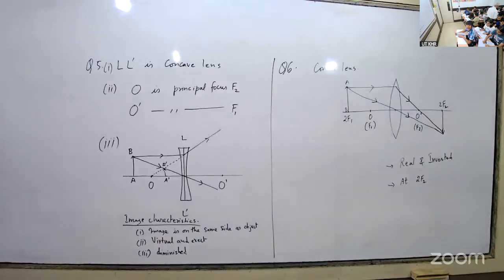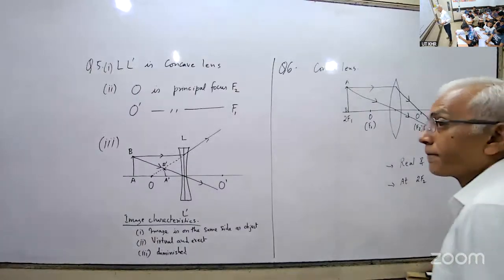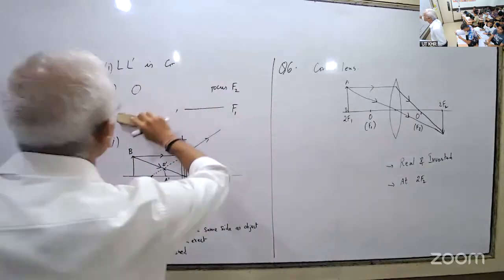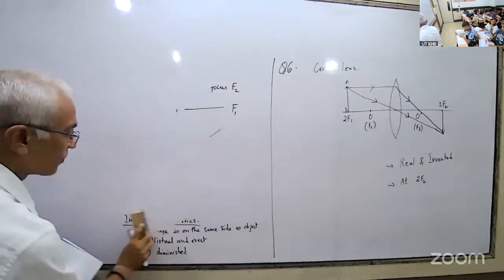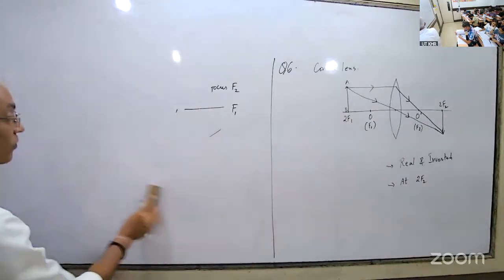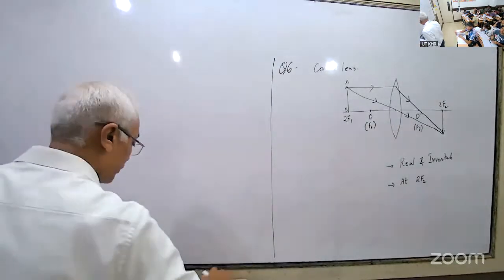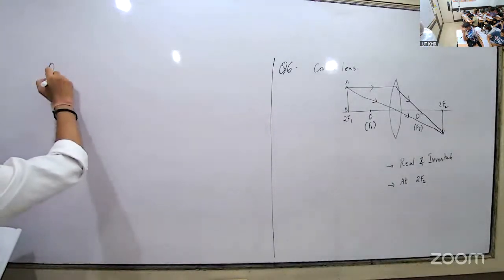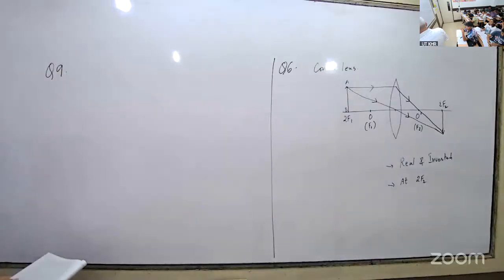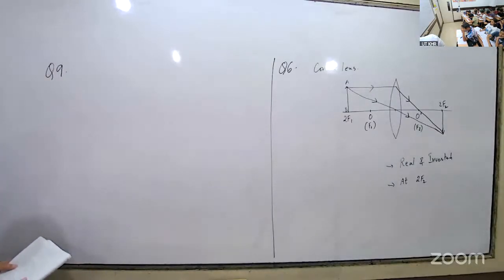Next is a numerical. Question 9 is a numerical, so let's do it. You have a candle of height 2 centimeter.